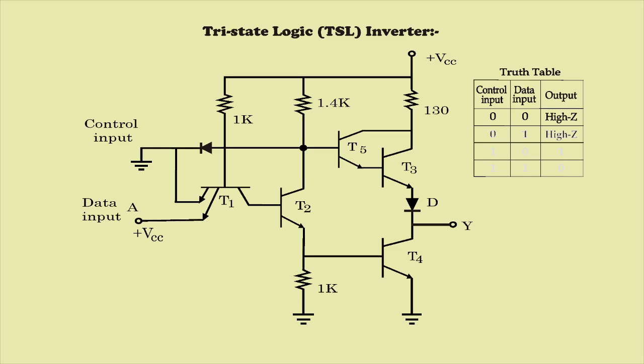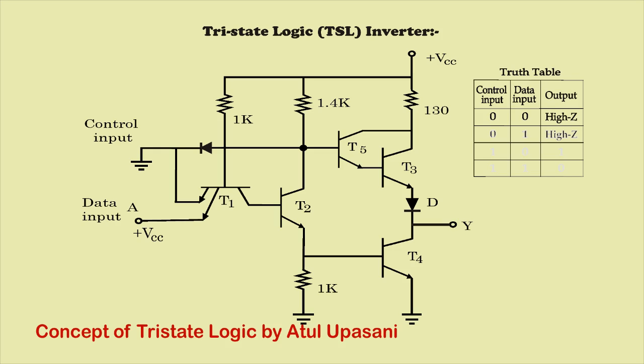So all the current is flowing towards ground. Then the data input A is now connected to plus VCC, but it has no effect, because in the multi-emitter transistor the emitters are connected in parallel and one of the emitters is connected to ground because of the control input.